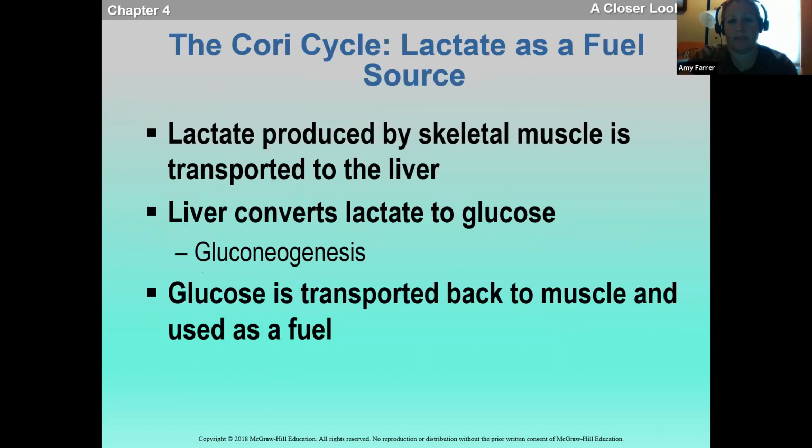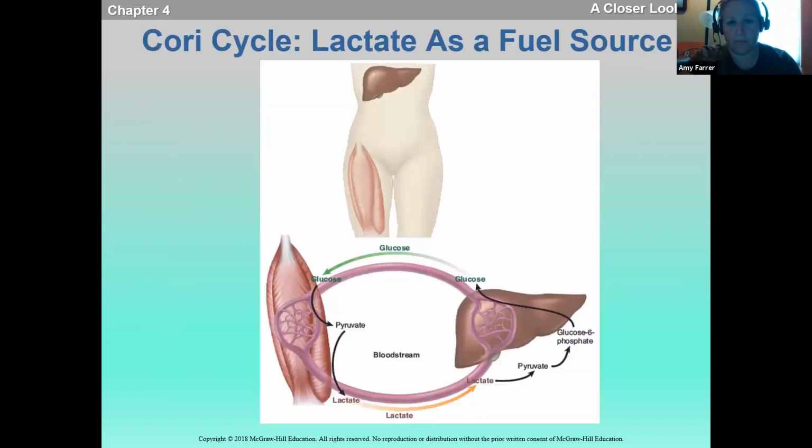When we look at this Cori cycle, we know lactate produced by skeletal muscle is transported to the liver. The liver then converts it to glucose. The glucose is then transported back to the muscle and used as a fuel. So here's just the pictorial. It comes from the muscle, goes to the liver, and is converted back into glucose, which then can go back and feed the muscle again.